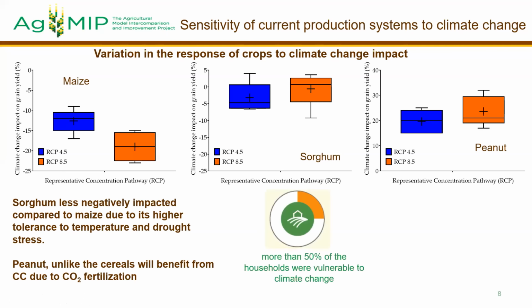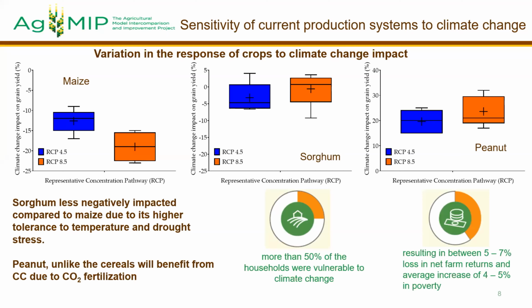And when this is fed into our socioeconomic model, we see that more than 50% of the households remain vulnerable to climate change. So here, let me indicate that we work with about 200 households. So if we're talking about 50%, we are looking at about 100 out of the 200 households that we worked with being vulnerable to climate change.